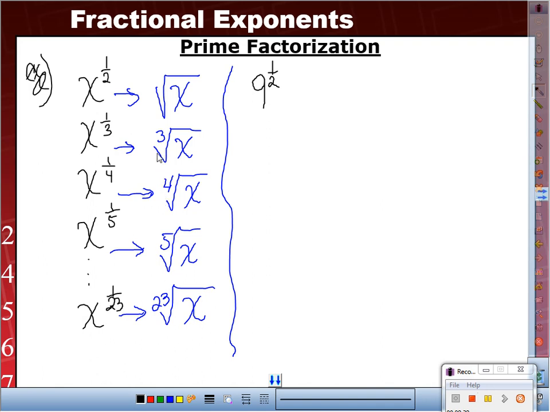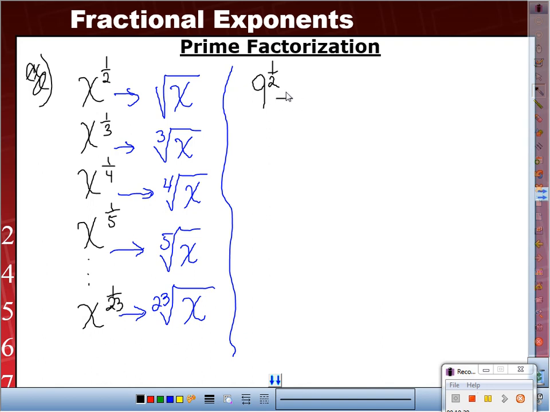Which is the only one that does not have an index? The first one, right? Because we already know from K7 that this is square root. Squared talks about 2 dimensions. So whenever we do square roots, we know that there's an invisible 2 right there. Does everyone understand that? Therefore, 1/2 of x became square root of x.